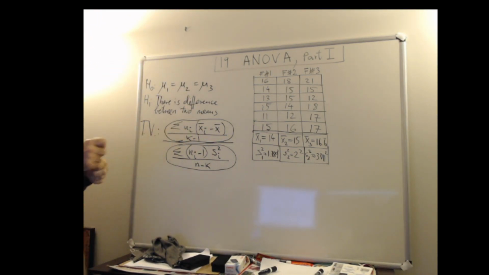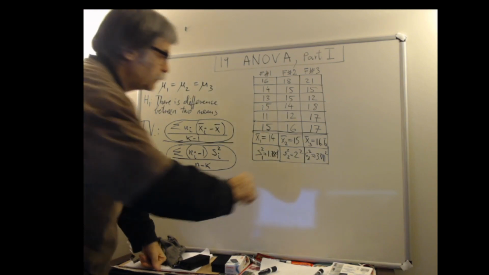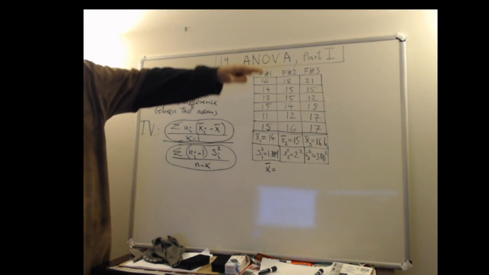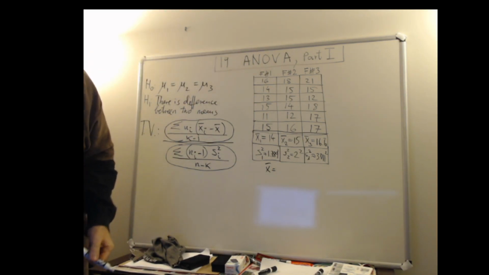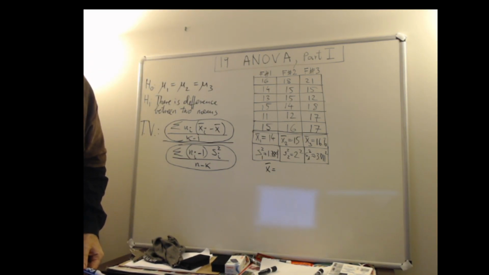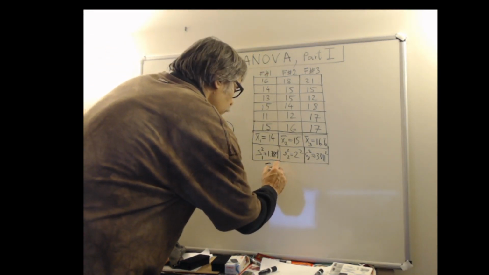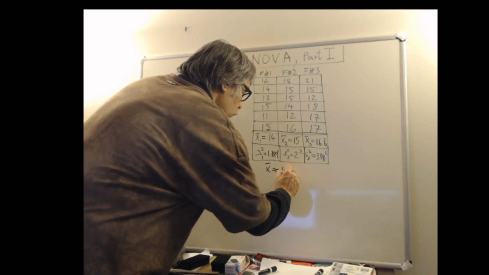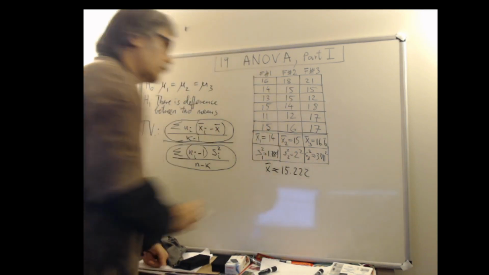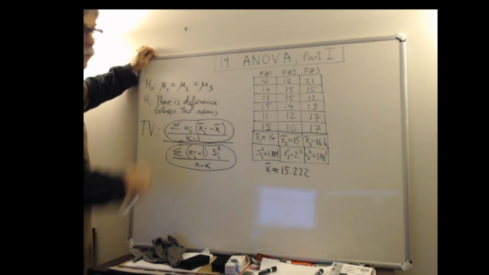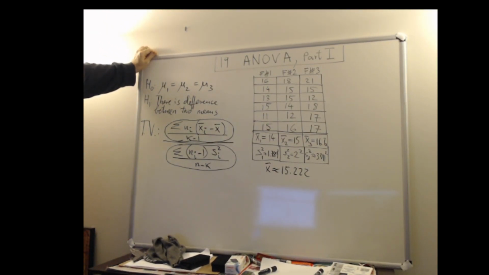X bar is an overall mean. So you have 18 blueberries, the overall mean is 15.222, that's approximation. Now the difference between the mean in the first group and overall mean, that will be there if there is some difference between the groups, right?